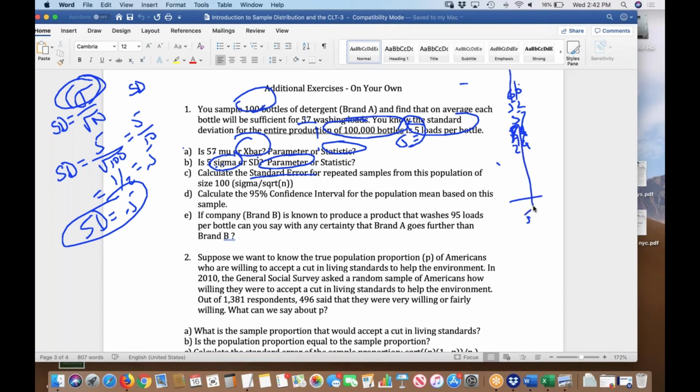If I took the standard deviation of all those numbers, the standard deviation would be approximately 5. It would be approximately the same as the population, right? Because I'm looking at the individual values.